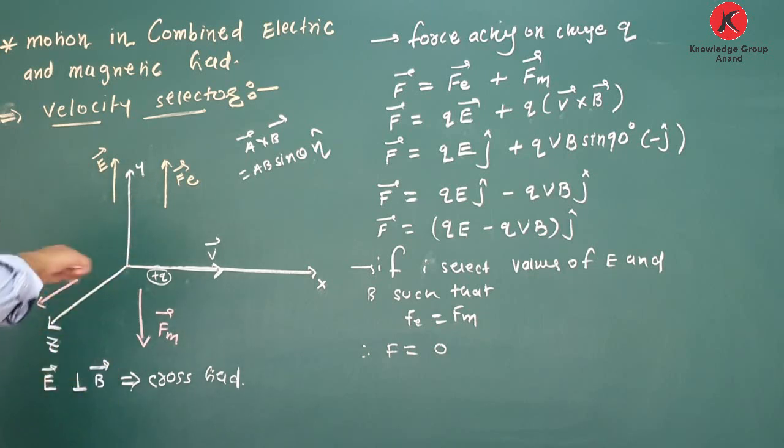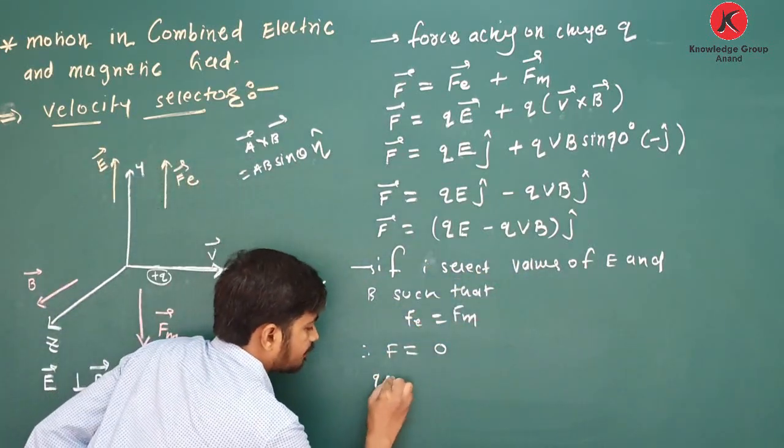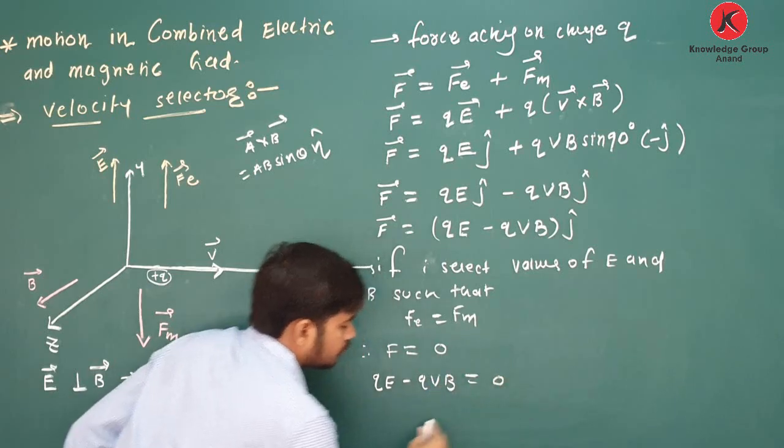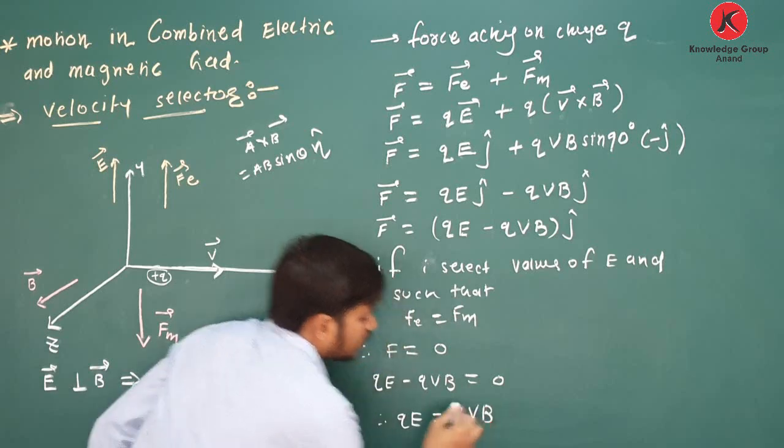Total force magnitude is QE minus QVB is equal to 0. So therefore QE is equal to QVB.